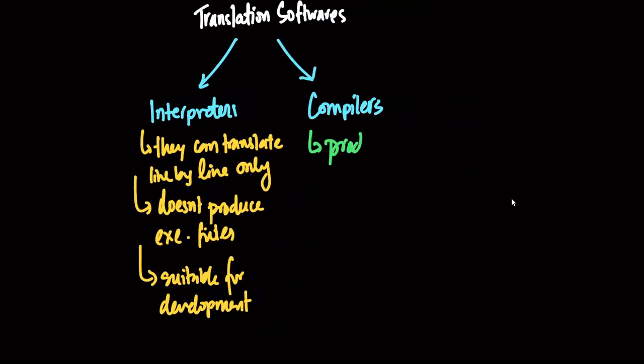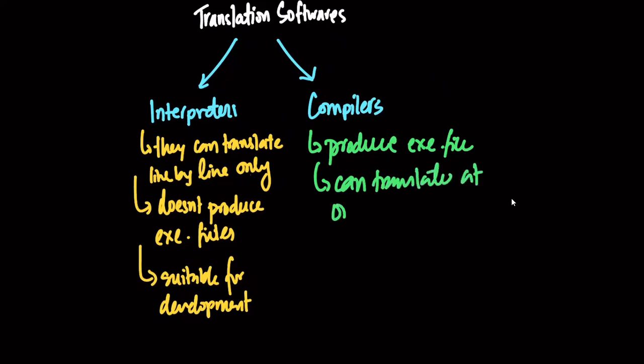Compilers produce exe files. Can translate at once.